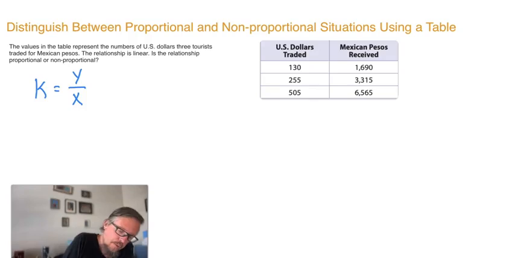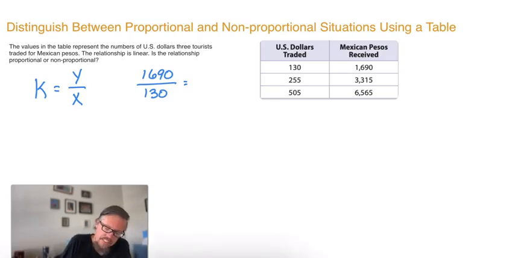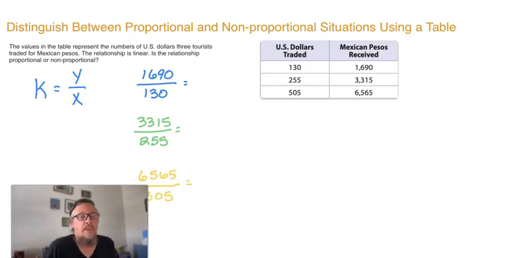Meaning, if we do 1,690 divided by 130 and get an answer, and that answer is the same as when we do 3,315 divided by 255, and that is the same as when we do 6,565 divided by 505, all of those being the same would also indicate that the relationship is proportional. And if even one of those is different, then the relationship would be non-proportional.